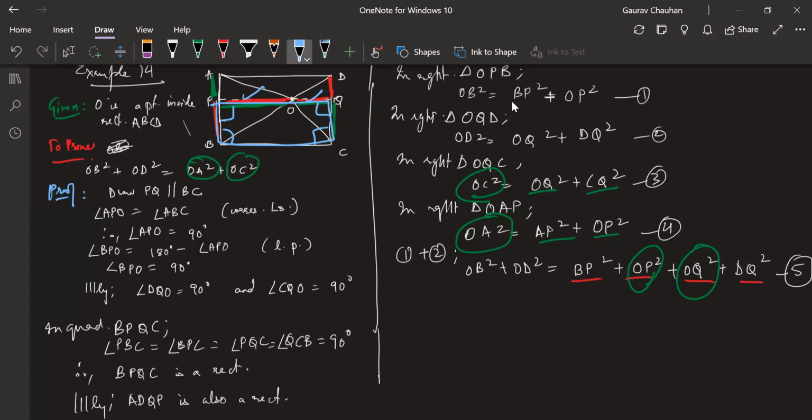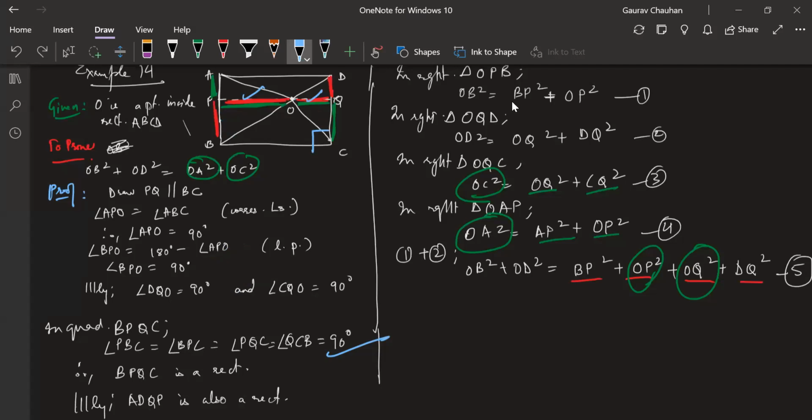Actually any two adjacent angles being 90 is enough. No, any two adjacent angles is not enough, because here it can be like this. So any two adjacent angles are not enough, but we have all four interior angles 90. This is already given, this is already given, and this we proved here, right?